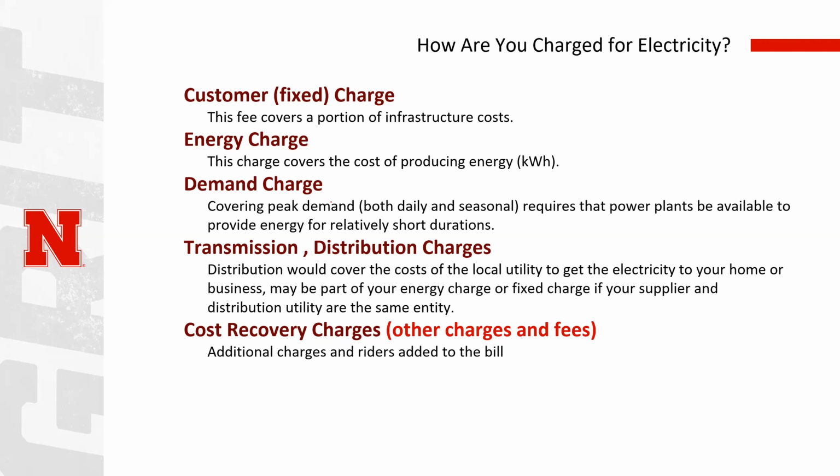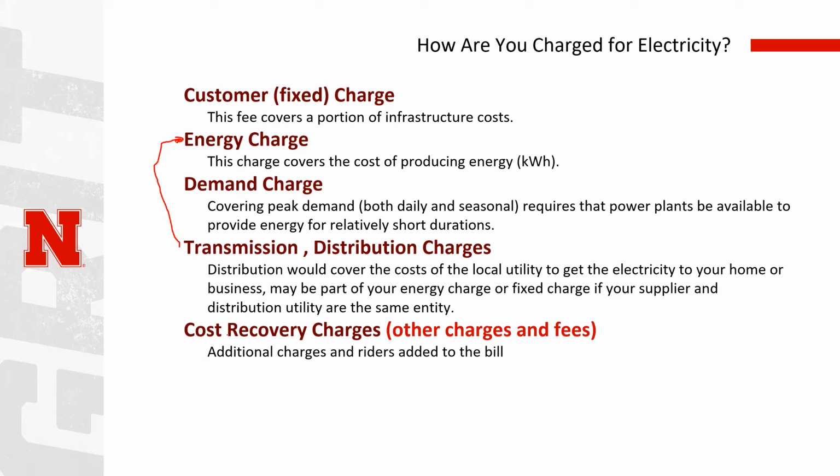That's becoming more common, but isn't in everybody's charge. Transmission and distribution charges may be spelled out as separate charges, either per kW in the case like a demand charge or per kilowatt hour. But most of the time in Nebraska, we're going to put these in with the energy charge, and so we don't actually see them spelled out.